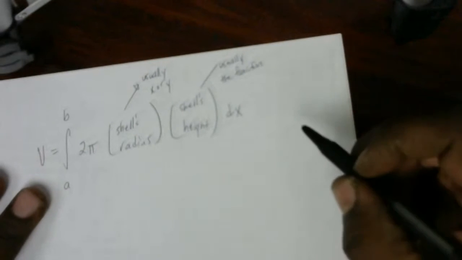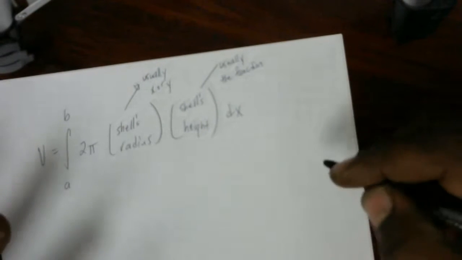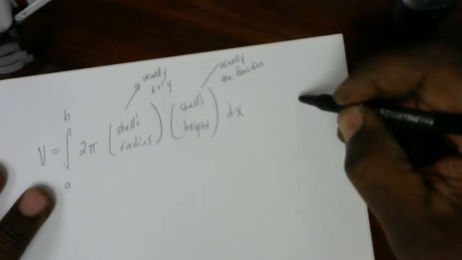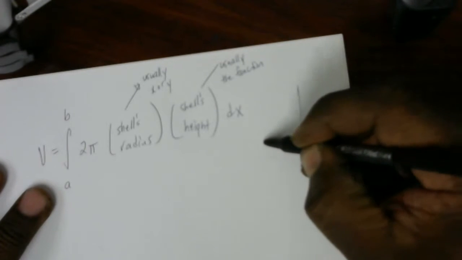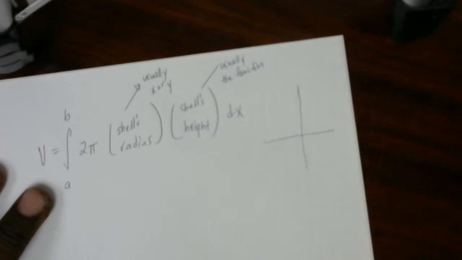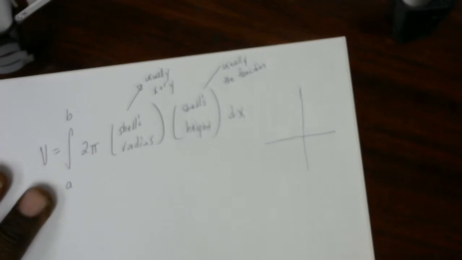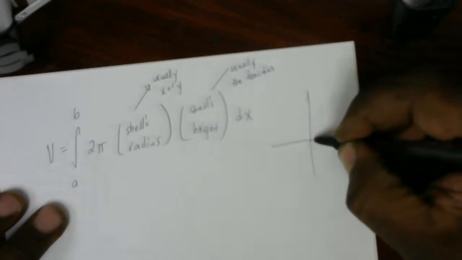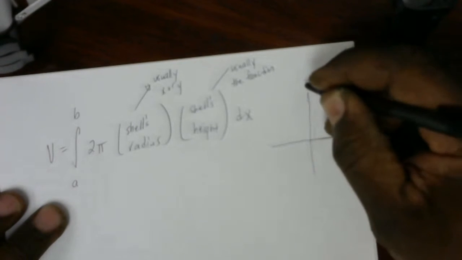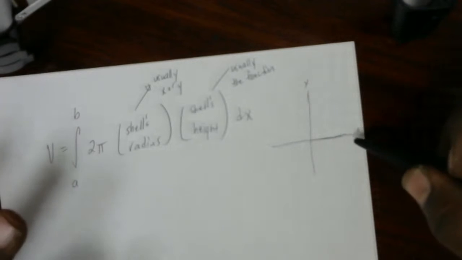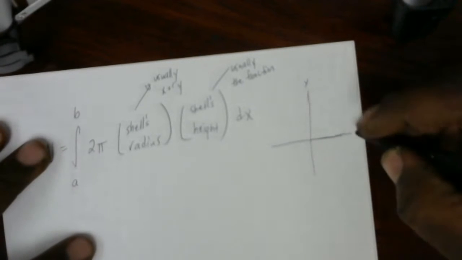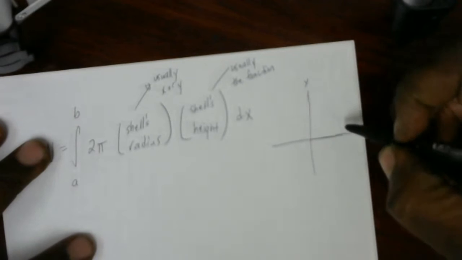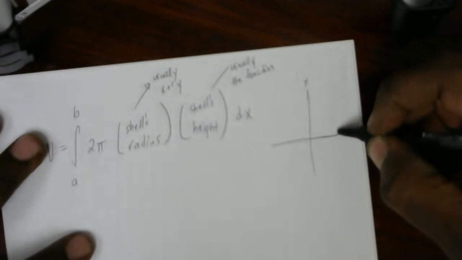Because if you think about a shell, I'm going to make a sketch over here, and I'm going to go back to the problem for just one second. If you rotate a shell about the y-axis, here's how this works.